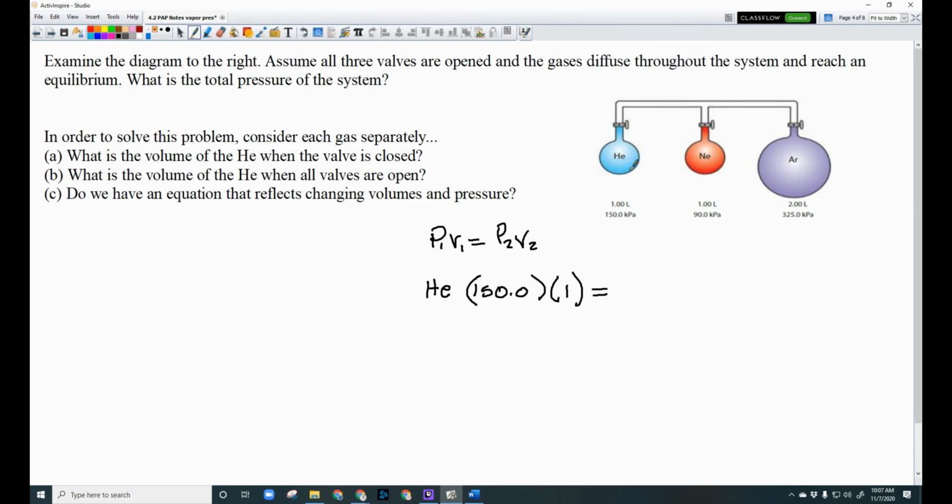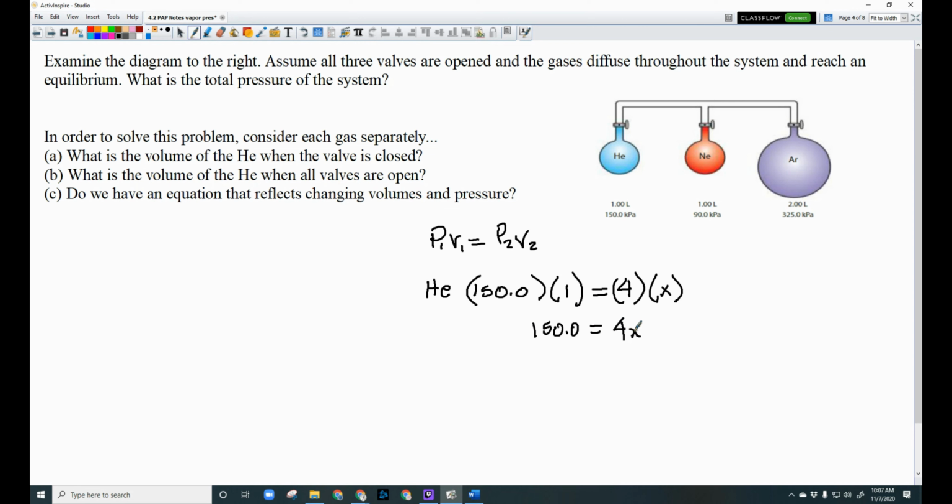When these are all open, this is 1 liter plus 1 liter plus 2 liters, so that's a total of 4 liters, times P2, and let's just call this X. So 150 times 1 is 150.0, and that's equal to 4X.